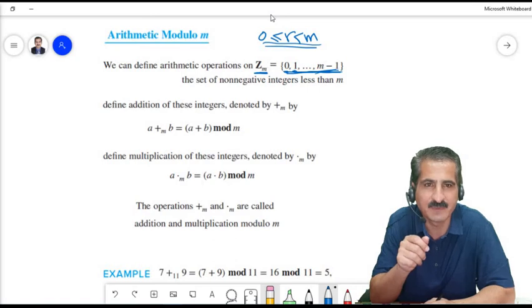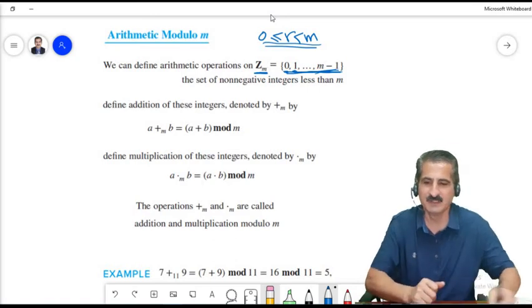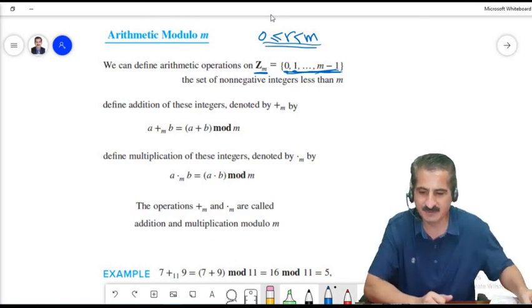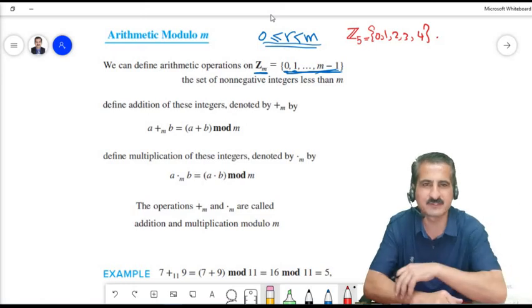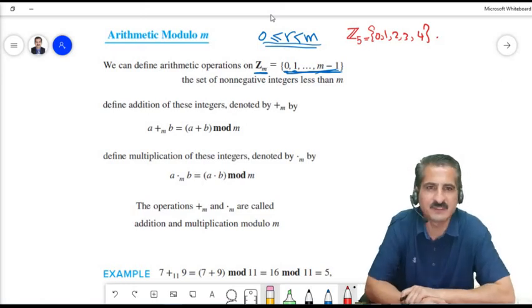For example, let me make it clear by doing an example. Z5 is 0, 1, 2, 3, and 4. Take an integer, 5672, divided by 5. The remainder is 2. It is there.